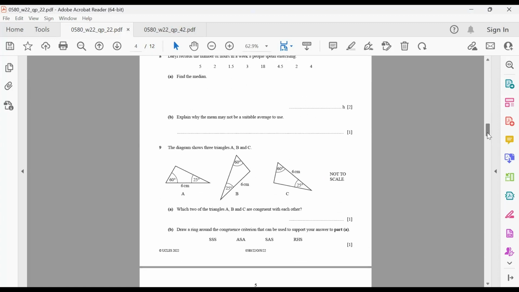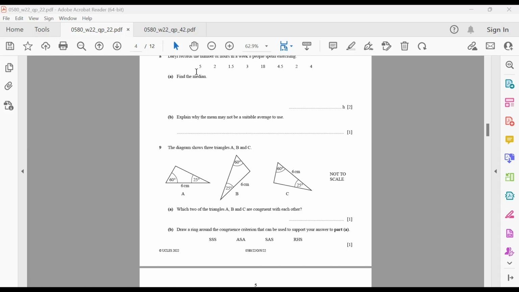So now the next question is basically an explanation to why you cannot use mean to find out the average. So if we look at the set of values, there was an 18. Compare the 18 to the rest of the values in the range, it was pretty larger than that.